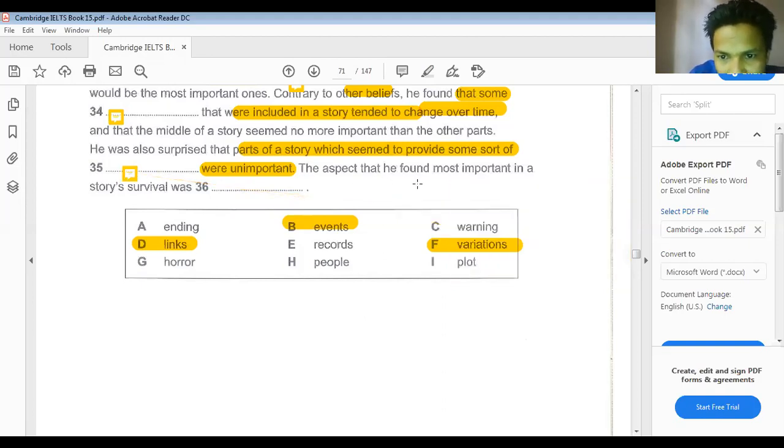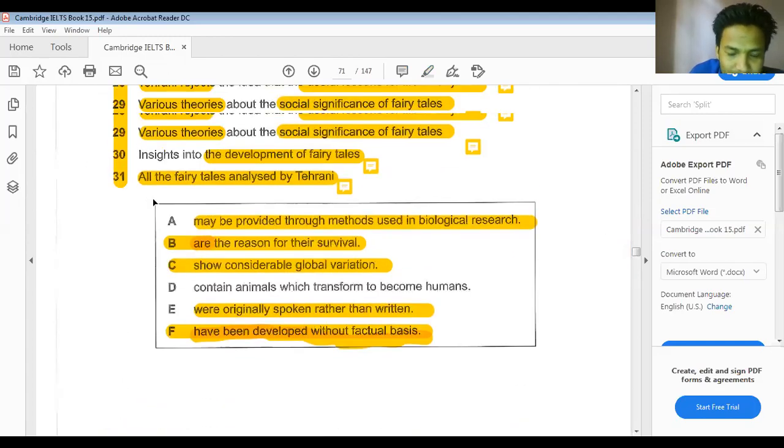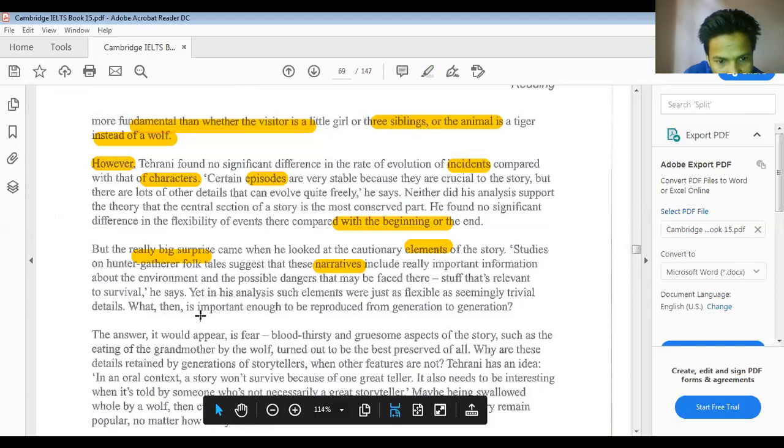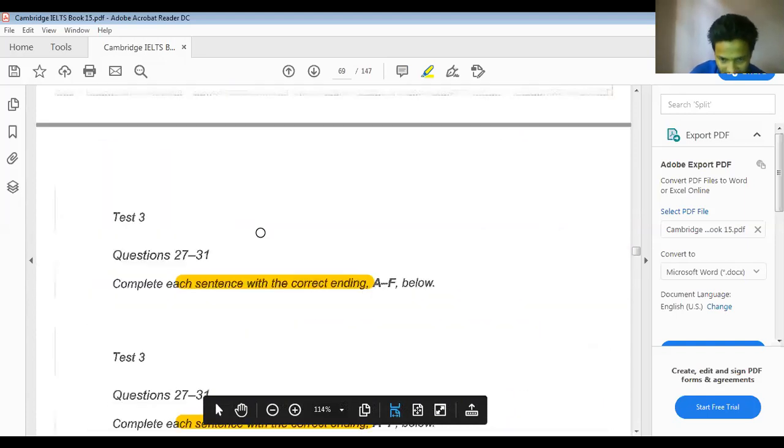The aspect that he found most important in the story's survival, what was the most important? We got the answer here in the same paragraph. Look here. In the analysis, such elements were just as flexible as seemingly trivial details. And what then? It is important enough to be reproduced from generation to generation. Means the information. Information means, let's say, what is information?